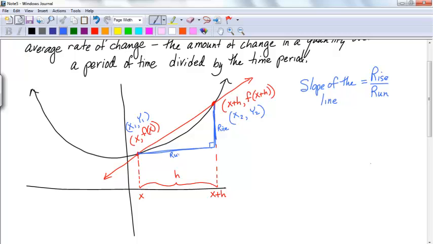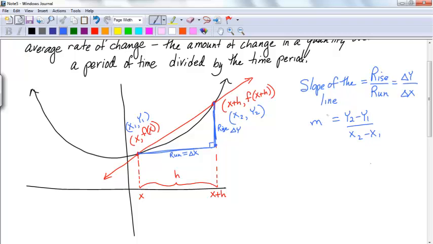The rise over the run. Some authors use delta y for the rise. Delta stands for change. So it's the change in y between here and here. So it's delta y over, and this run is delta x. So it's the change in y over change in x. But you guys, in Algebra 1 and Algebra 2 and Geometry, you learned it as y sub 2 minus y sub 1 over x sub 2 minus x sub 1. And that was the formula for slope.